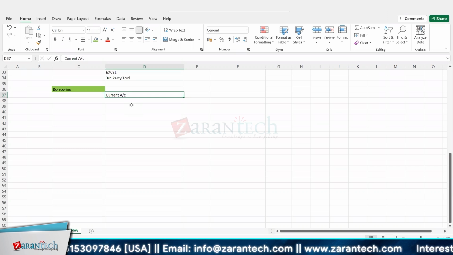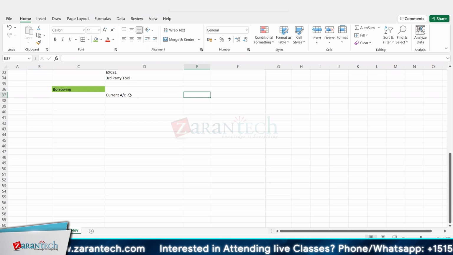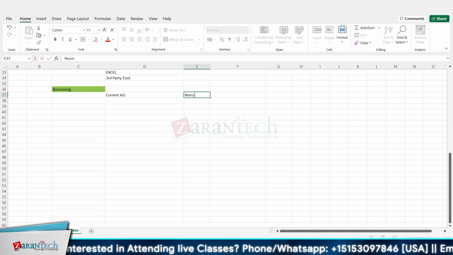So a current account means, a corporate cannot maintain a savings account. So they maintain a current account where the normal flow of receipts and payments with the bank happens. Here the bank will not give you any facility other than receipts and payments on your account. So you can say this is the normal bank account for a corporate.